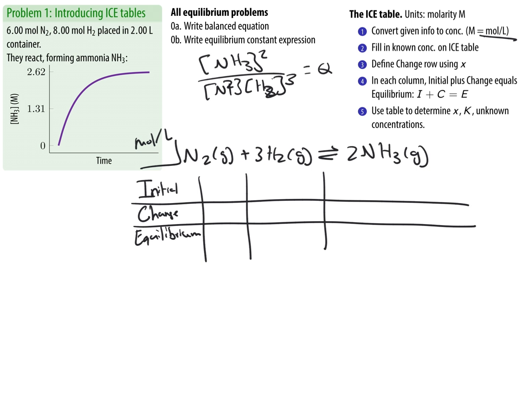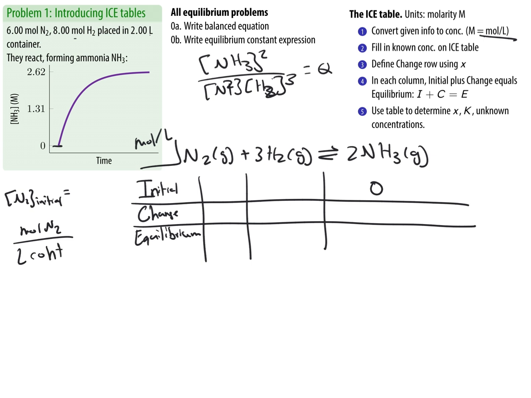The initial amounts of each thing: NH3 we started with 0, but for the other two we were given the moles and the liters, so we can calculate that. The initial N2 is equal to, what do I have to do? I just need to take the moles of N2 divided by the liters of the container.